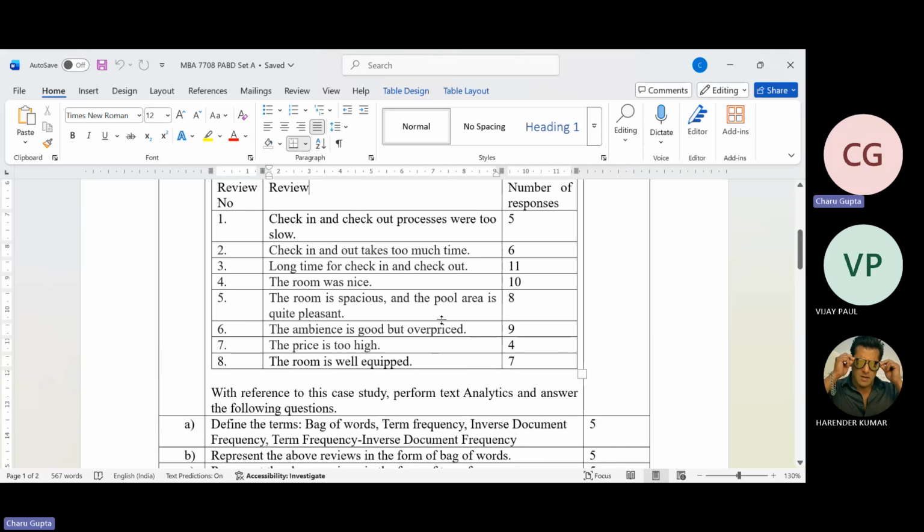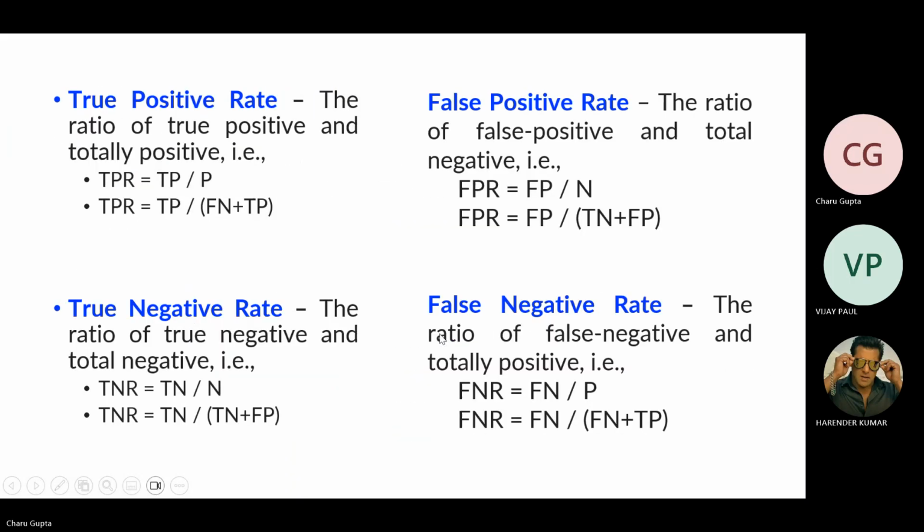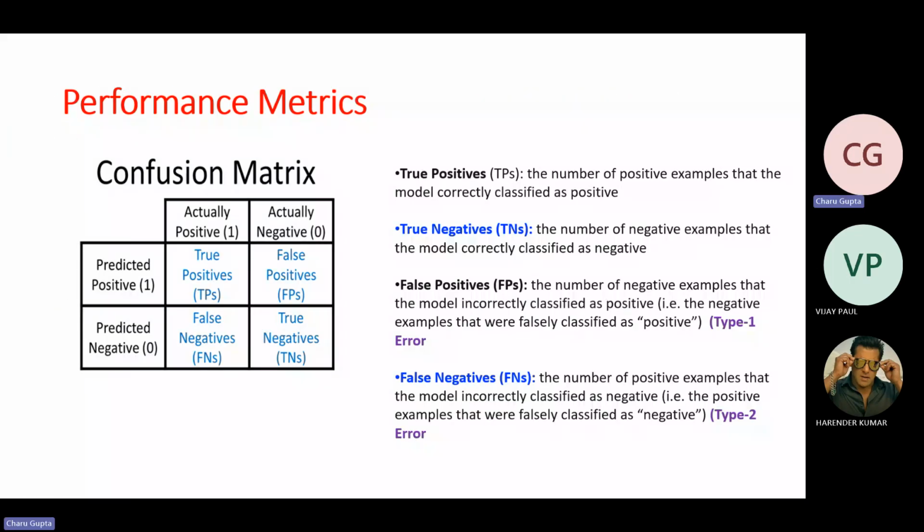Okay, so the next part is the performance matrix or the confusion matrix.